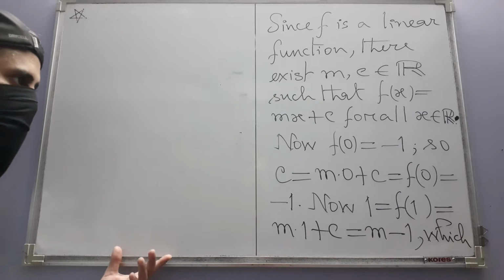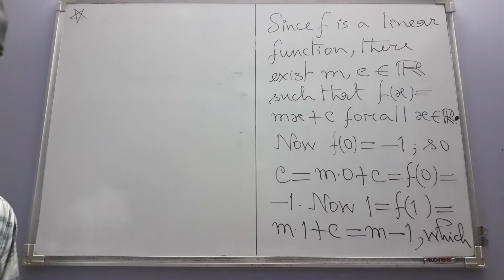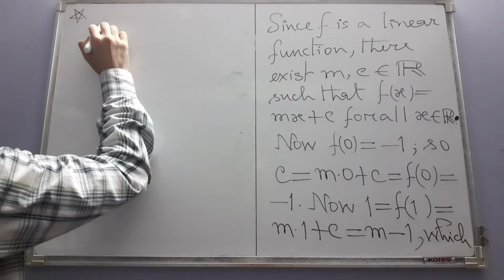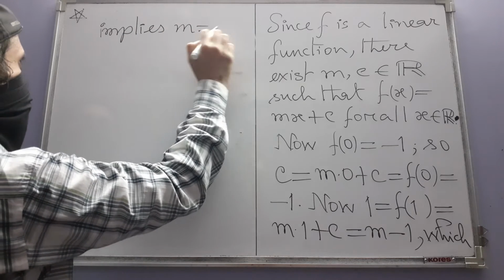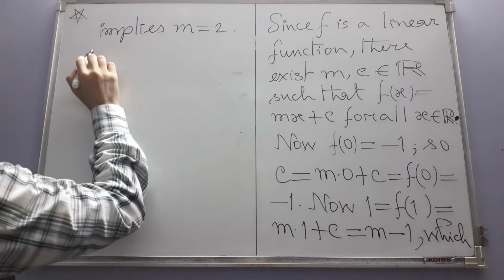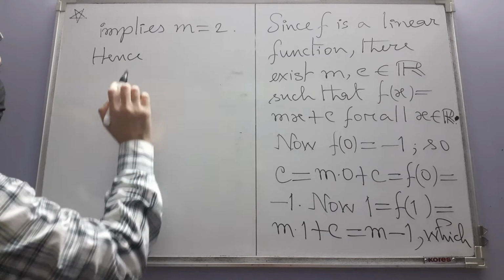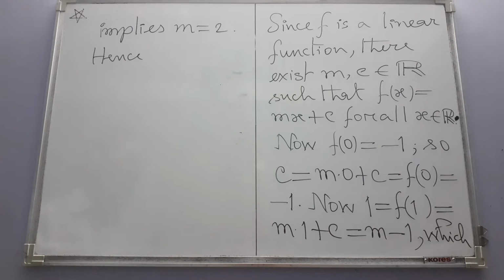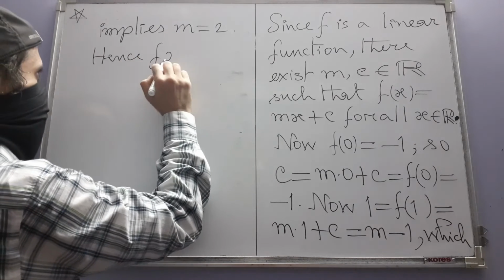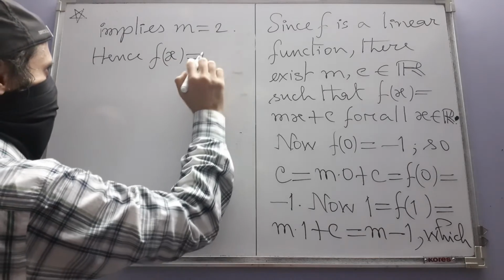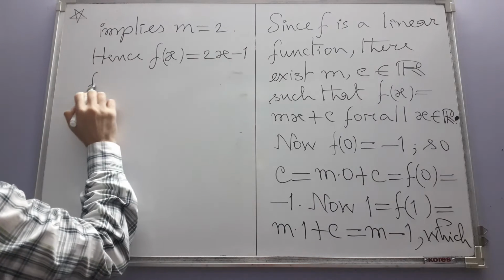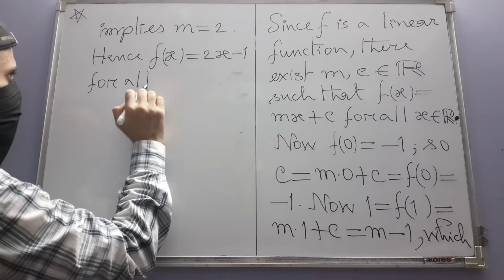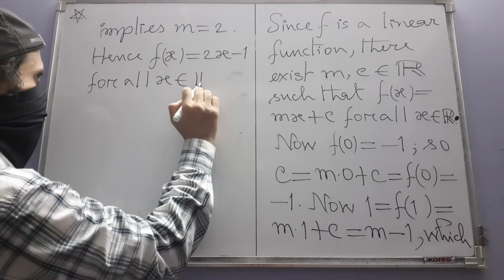Hence, we have found m, we have found c, so we can now write the function. Hence, f of x is equal to 2x minus 1 for all x in R.